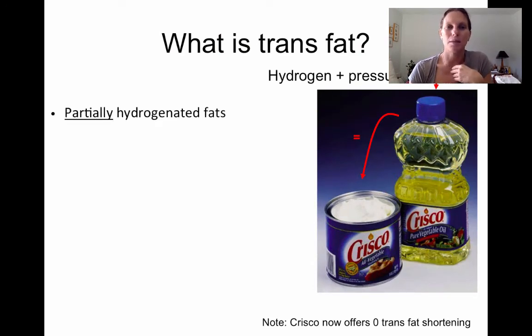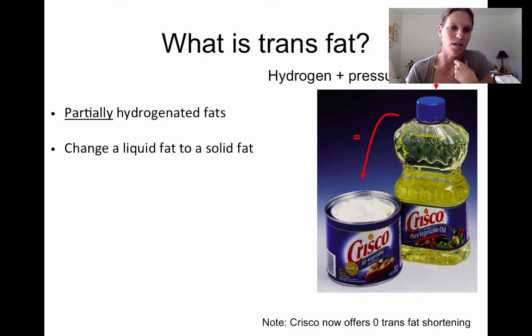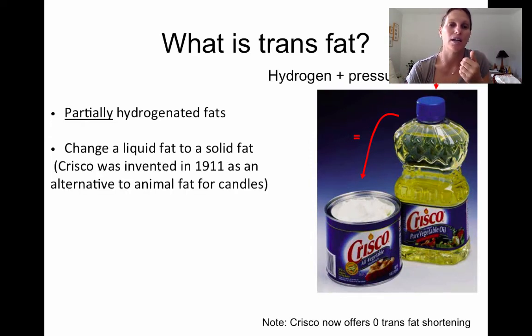So basically, like I said, they make these things in a lab, and they take the hydrogen and put it under a huge amount of pressure, and that is what causes those partially hydrogenated bonds, right? So basically what you're doing is you're taking a vegetable oil, a liquid fat, and making it a solid fat. And this actually started a long time ago. You can see Crisco is the one that I think about, at least when I think about something you want to stay away from. It's a trans fat.